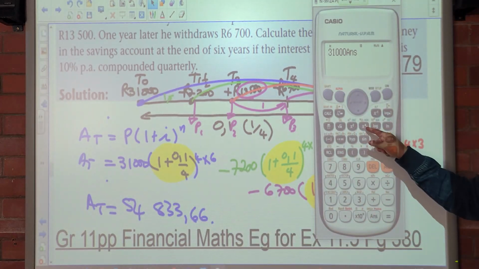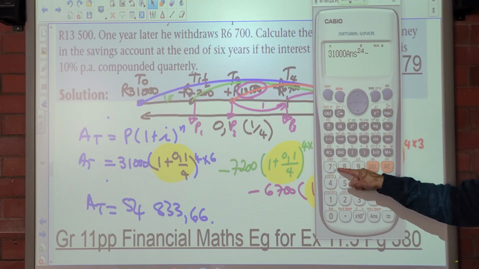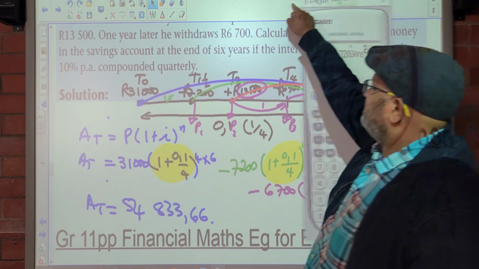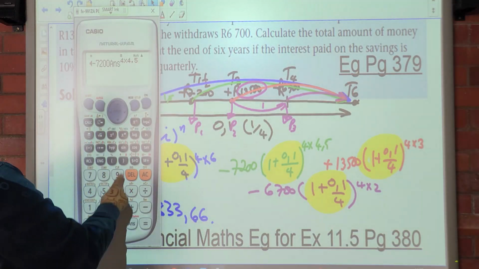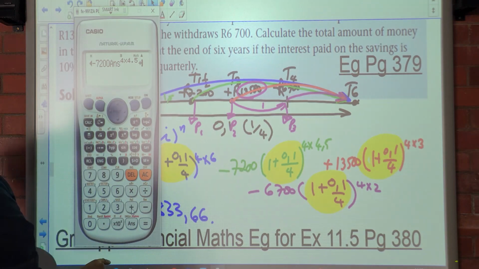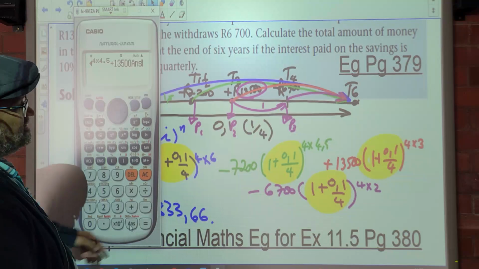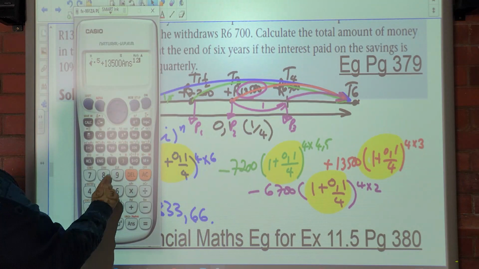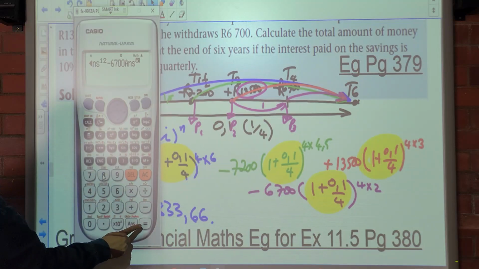Answer, to the exponent 24, minus 7,200, answer, to the exponent 4 times 4.5, plus 30,500, answer, to the exponent 12, minus 6,700 and answer, to the exponent 8.